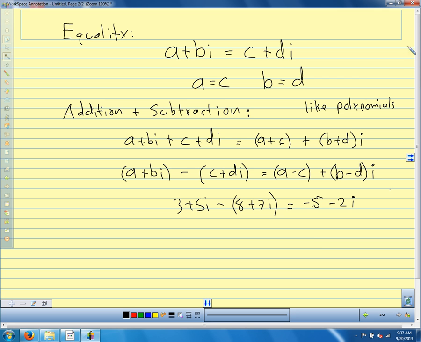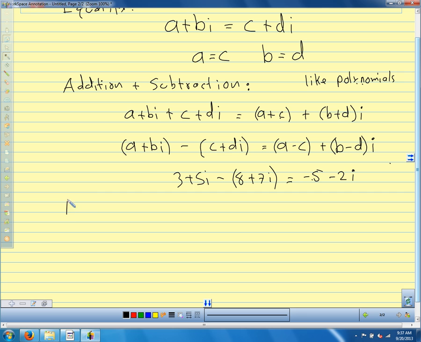All right, let's talk about multiplication. For multiplication, I'm just going to do a few examples. If we had 5 + 3i, and we're multiplying that by 2i, how are we going to do this problem?